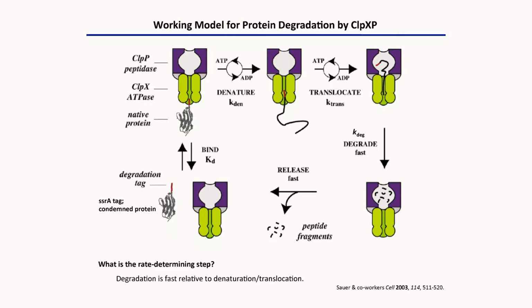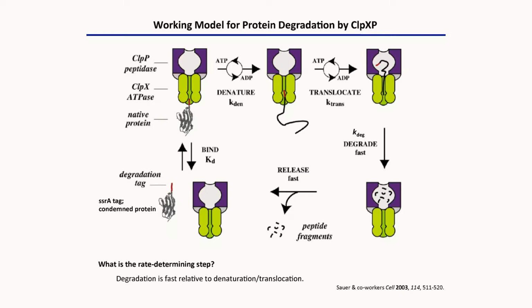And we can begin here with binding. Right? So this SSRA tagged protein needs to bind to ClipX, and that binding is associated with some dissociation constant, or KD, here. Right? What do we see? After binding, we have a second step, which is denaturation. So the polypeptide becomes unfolded.